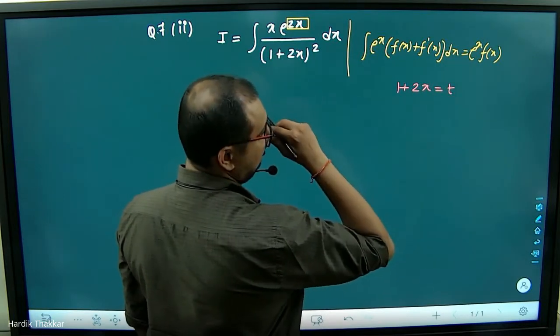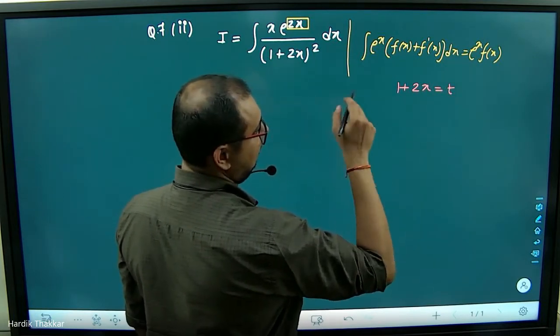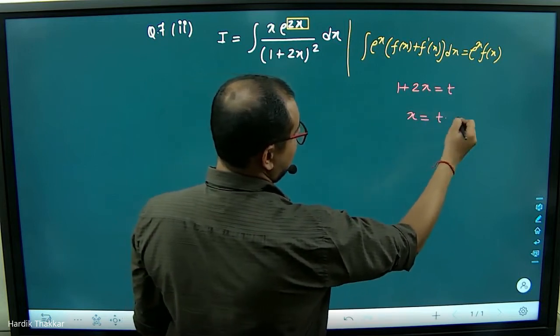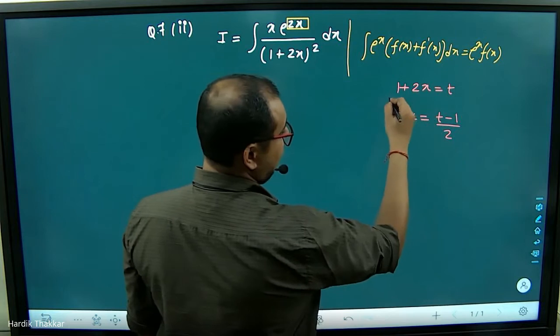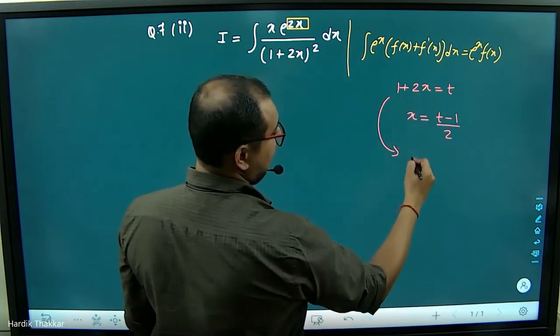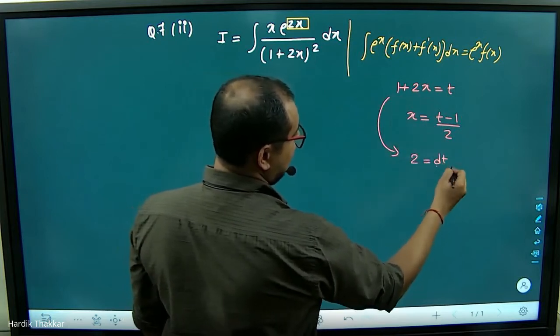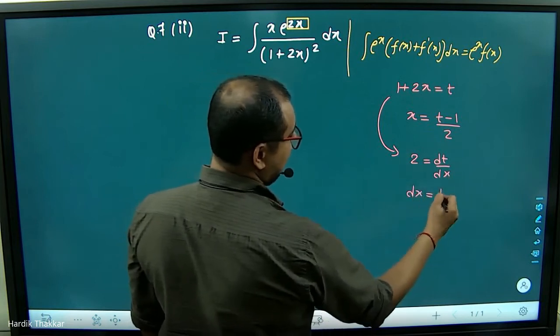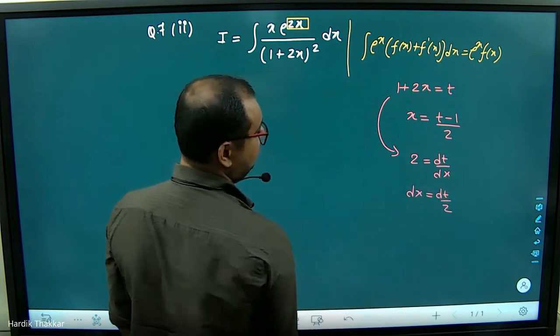So the value of x will be (t minus 1) upon 2. Now, if you differentiate this, you will get 2 is equal to dt by dx, and further, after solving this, you will get dx is equal to dt by 2. Okay, correct?